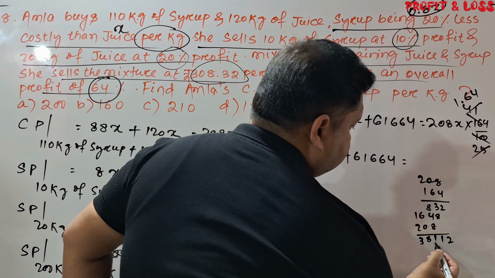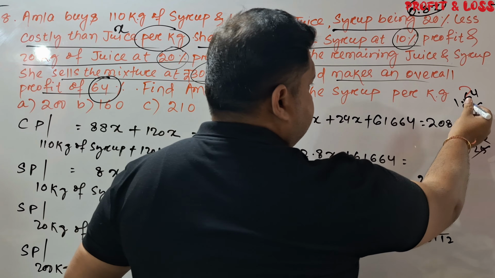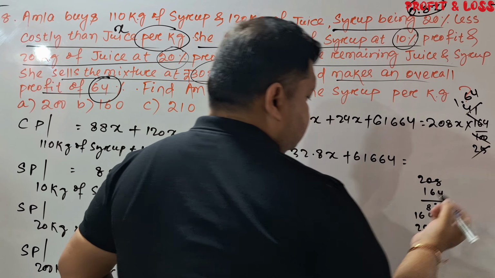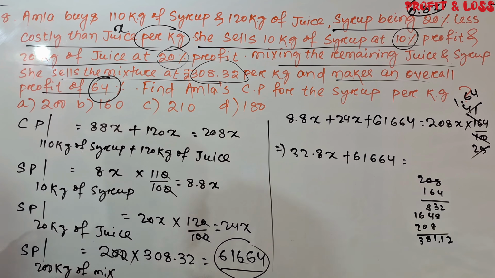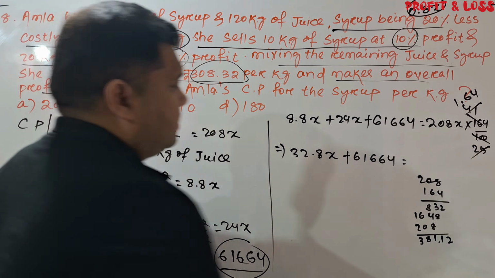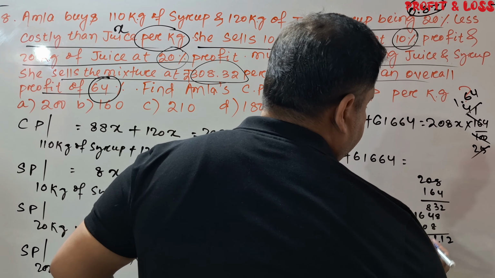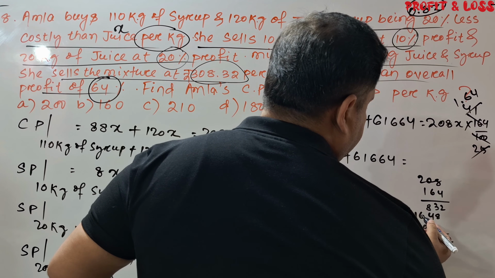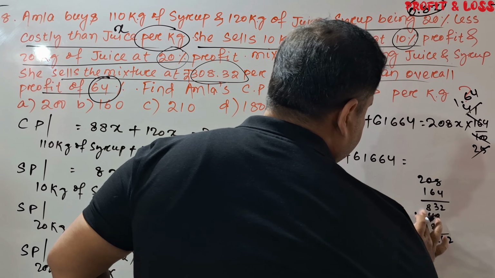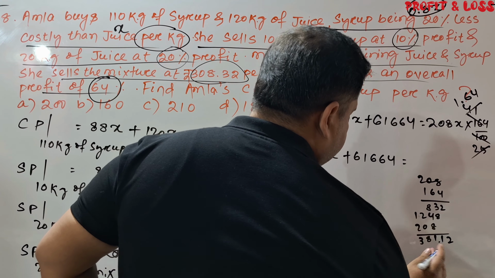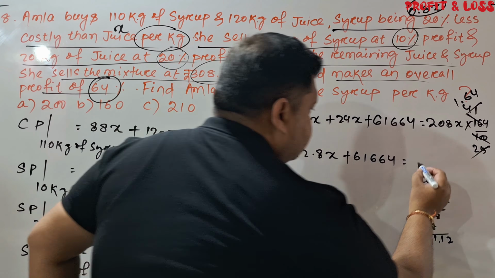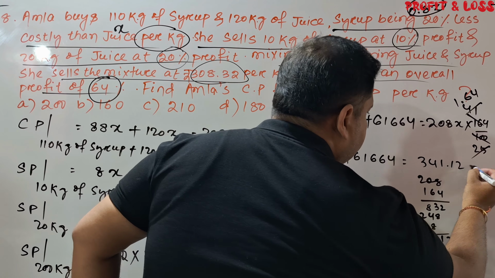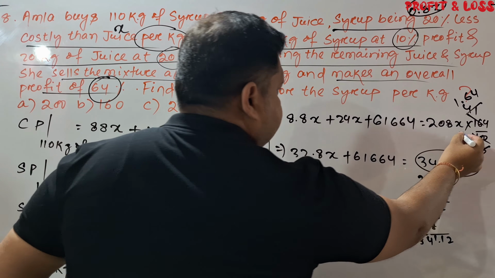Here the point is given, so this is like this. Done. Cross check, 164 into 208. So this is 12, this is 2, 6 into 2, 12. Check it. So this is 4, this is 4. Done. So here I will get 341.12x. Okay, x is here.